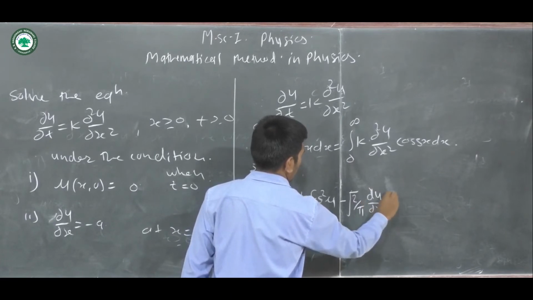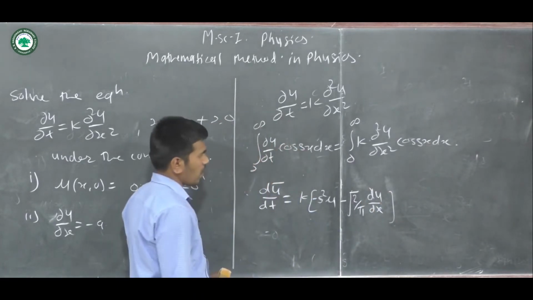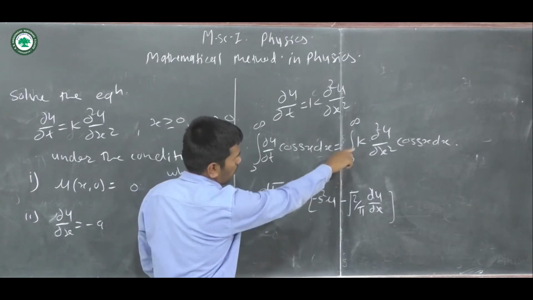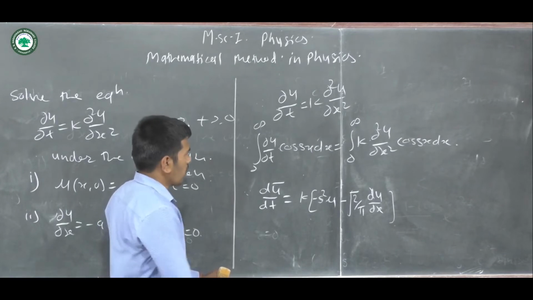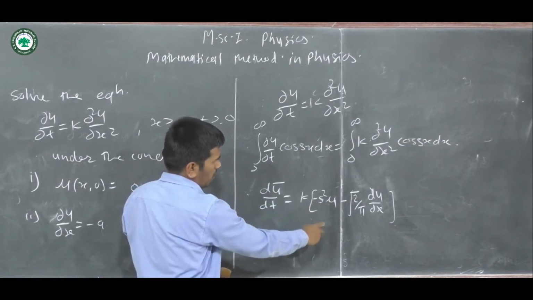Okay, so this is the formula for dou square u by dou x square cos sx dx.